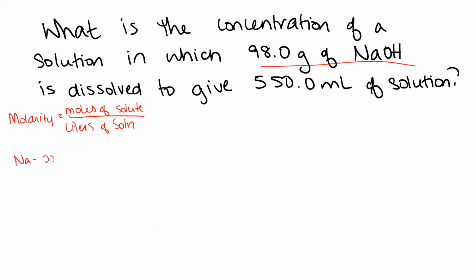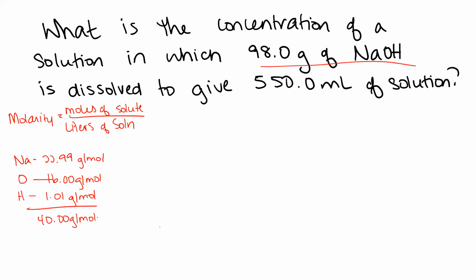Sodium is approximately 22.99 grams per mole, and oxygen is 16.00 grams per mole, and hydrogen is about 1.01 grams per mole. Add these together and we get a whopping 40.00 grams per mole for a molar mass.